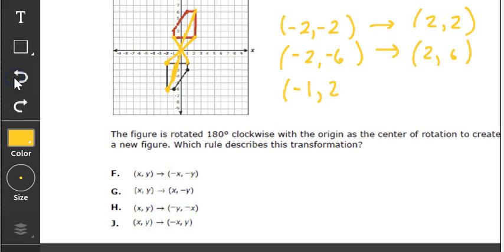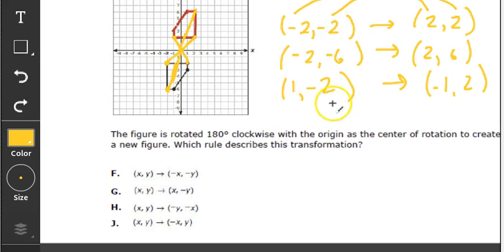I got mixed up on the black figure that we were looking at. So the point we had originally was 1, -2, and it became -1, 2. So what has happened here is it's changed the sign on the x, and it's changed the sign on the y for each of these coordinates. And so I'm going to pick F.